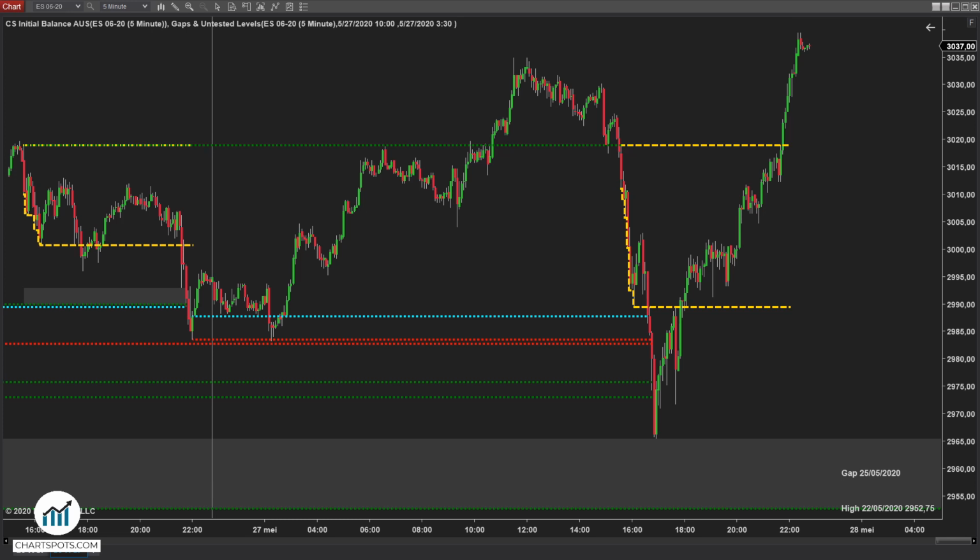Now the very interesting thing that happened today, and mind you, this actually happens quite often with different levels, can be overnight high, can be close, prior low, high, doesn't matter. But what happened here was the high of the early morning was exactly even to the tick, I believe, to the prior day high, or the prior session high rather.